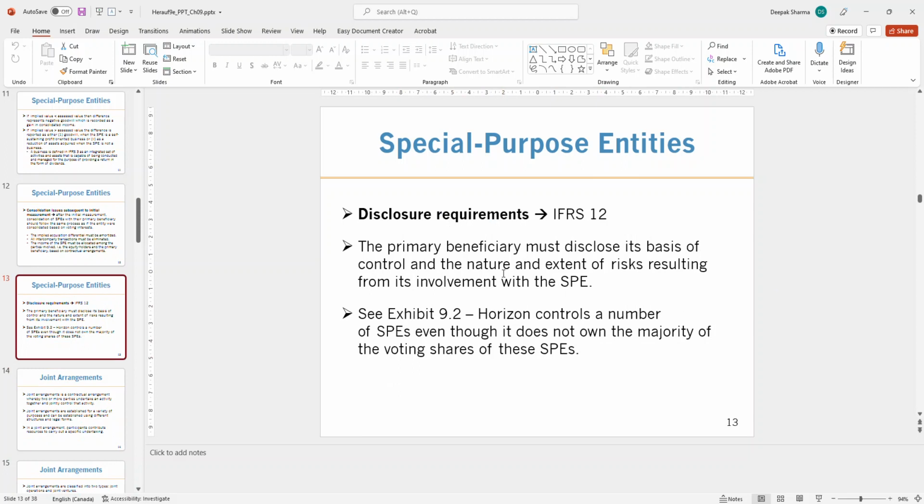Okay, so you have a responsibility to the users to provide the information as to what kind of risks exist, and provide all the detail over there.